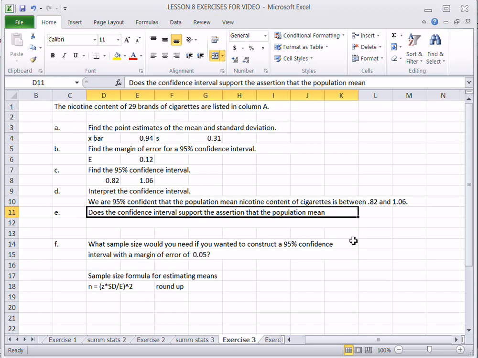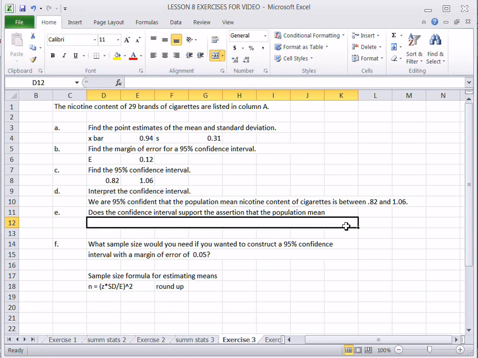Does the confidence interval support the assertion that the population mean? The rest of the question is missing, so let's make one up. Does the confidence interval support the assertion that the population mean nicotine content of cigarettes is less than 1, whatever units that's in?